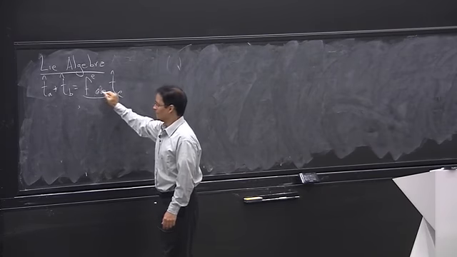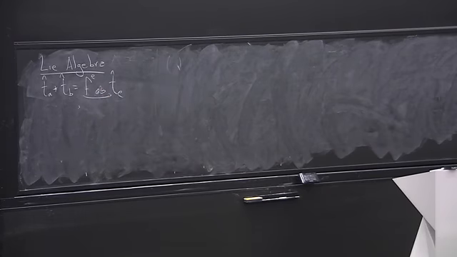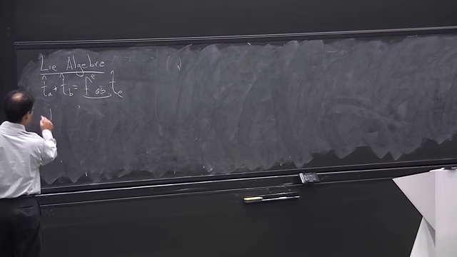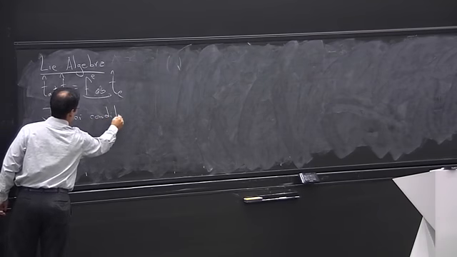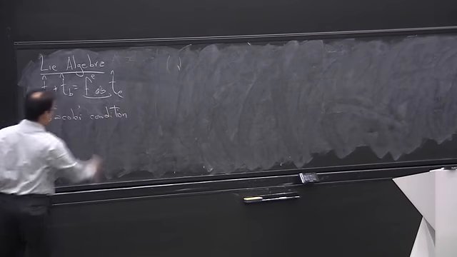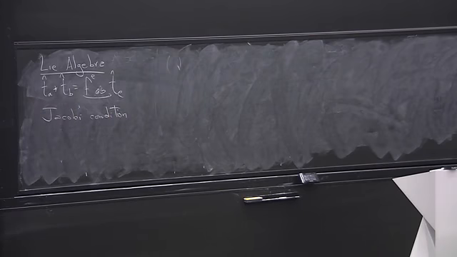Okay? Antisymmetric structure constants. And you make them satisfy what I now would like to call the Jacobi condition. And then you have a Lie algebra.